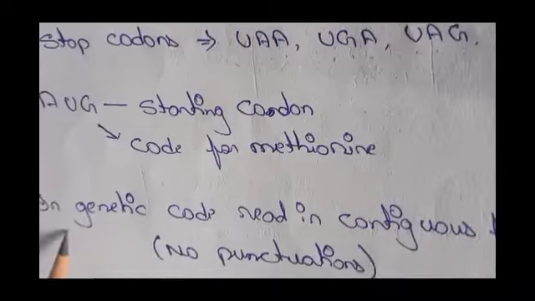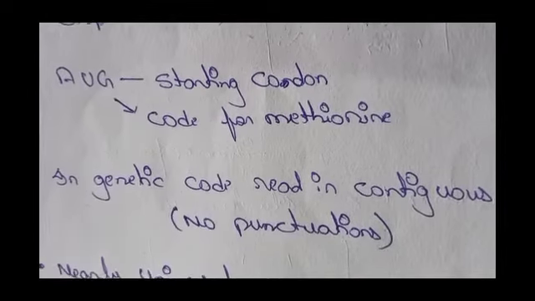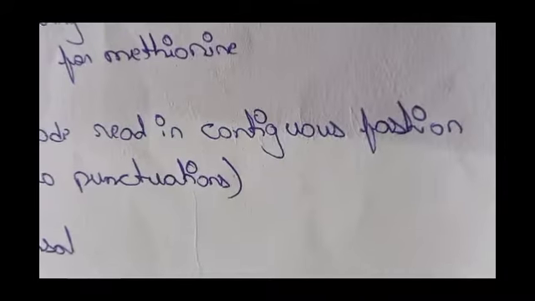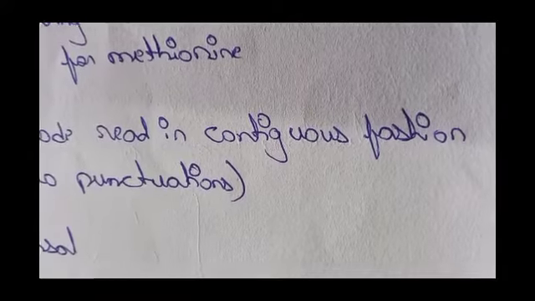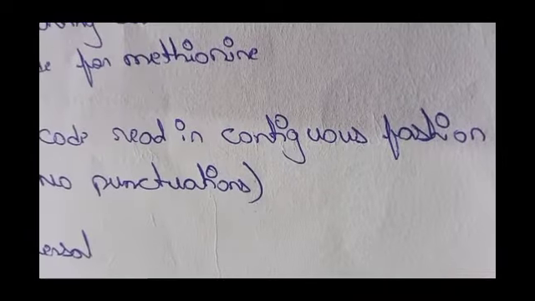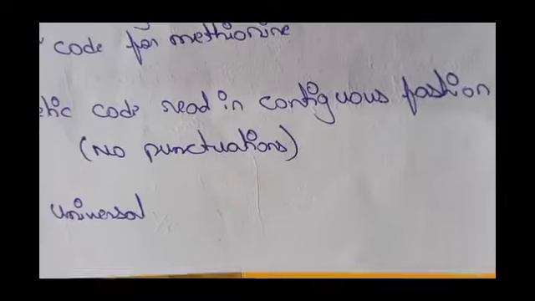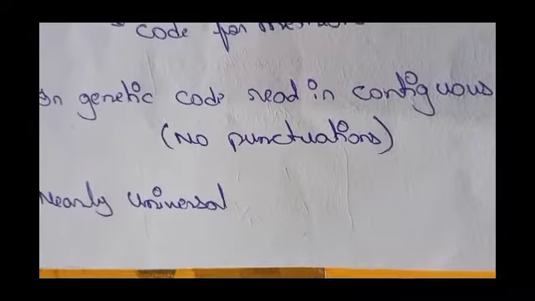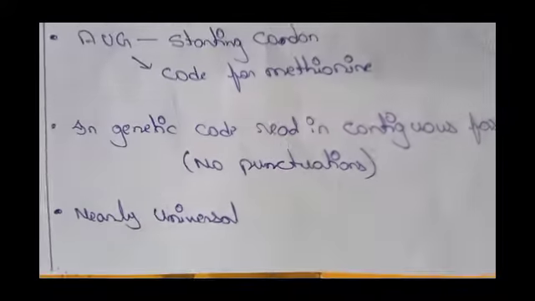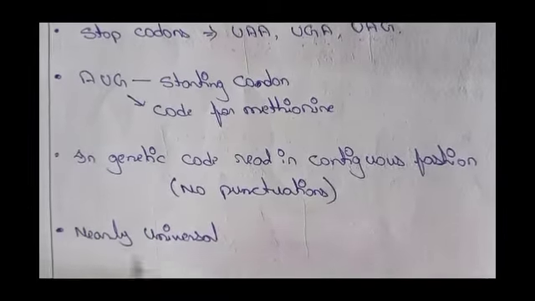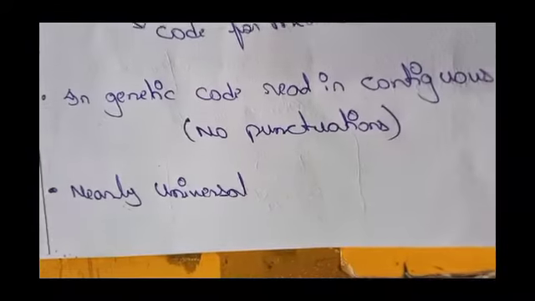Okay, the genetic code is read continuously, no comma, no full stop. It is nearly universal, means for all organisms it can code.